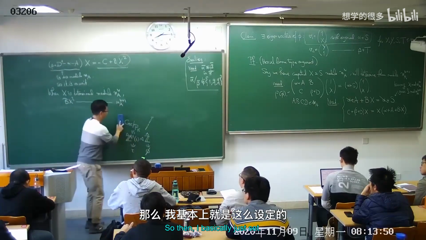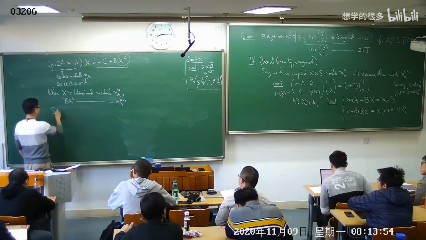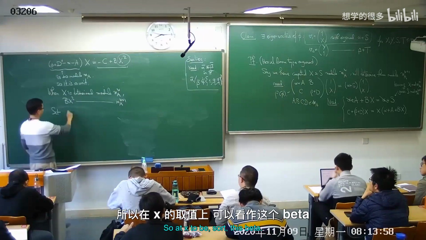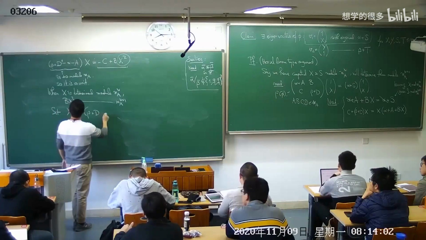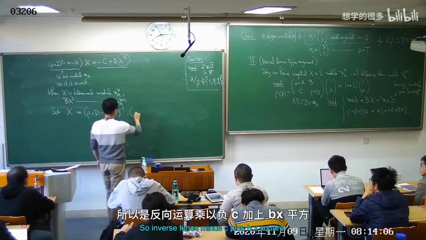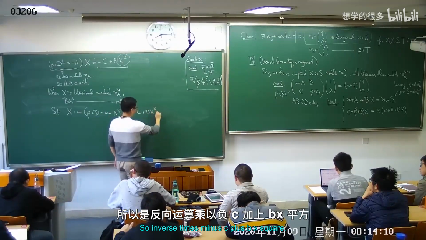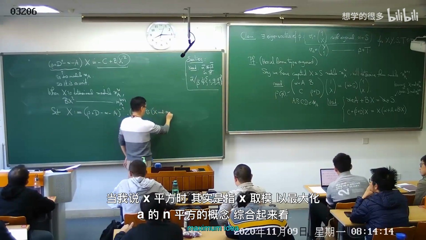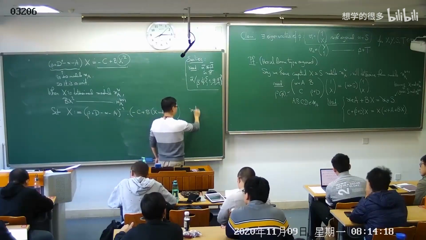So basically using some sort of Newton iteration, I set x to be this beta inverse times negative c plus bx squared. When I say x squared, I really mean x modulo the maximal ideal to the n, squared, altogether.